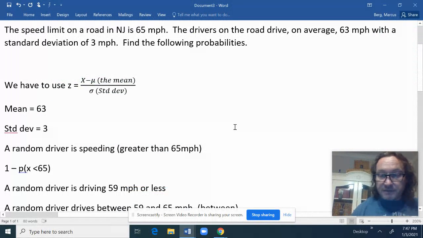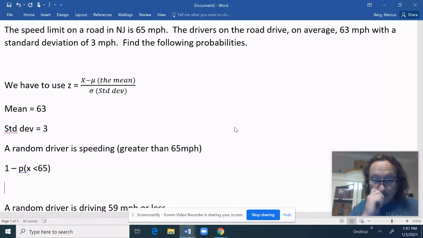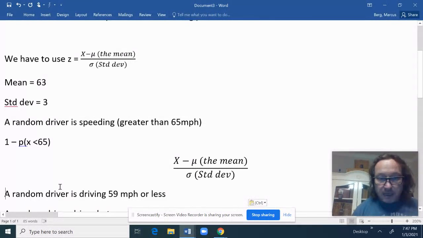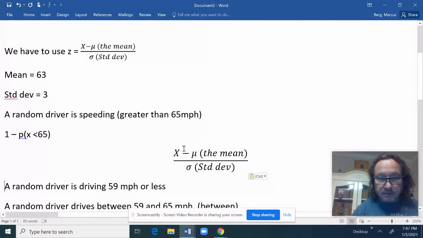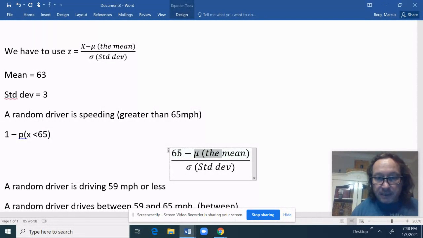That's what the z chart gives us. So I'm going to have to transform this x value of 65 into a z value. If we look at our formula up here, if I want to find z, I just need this formula. 65 is x, minus the mean.